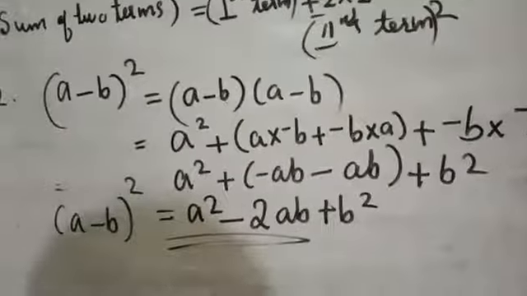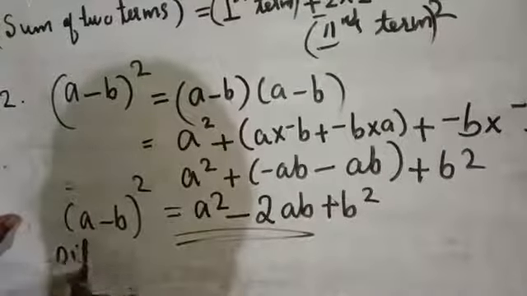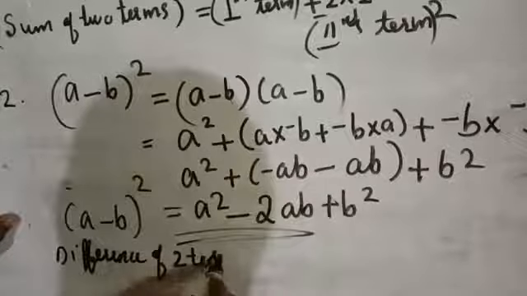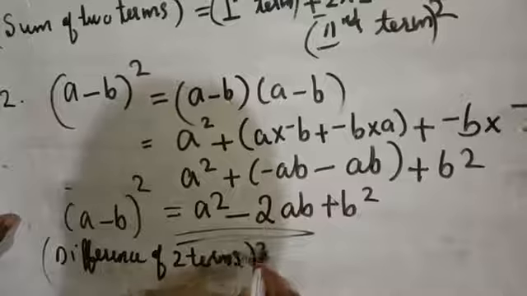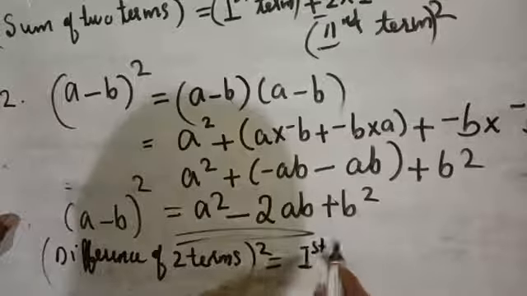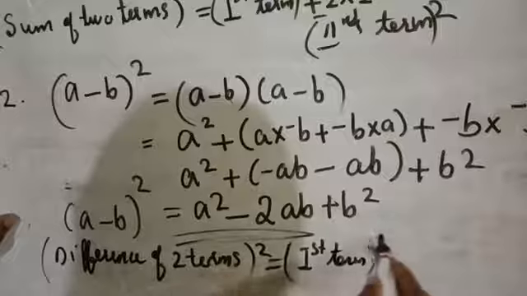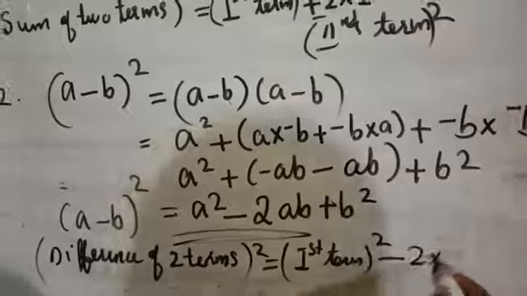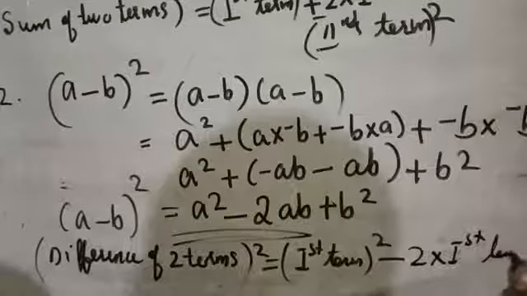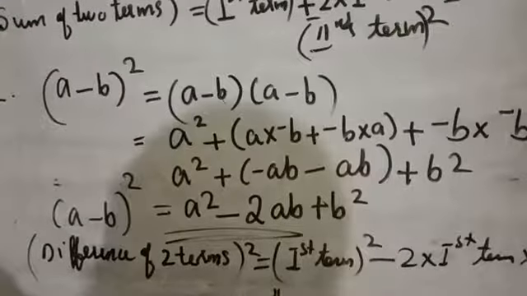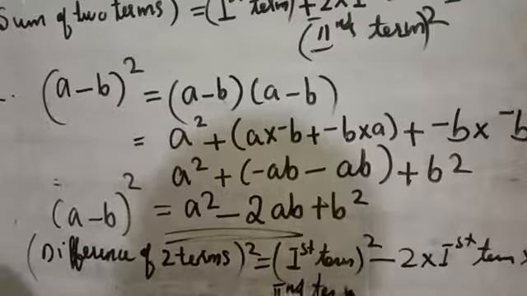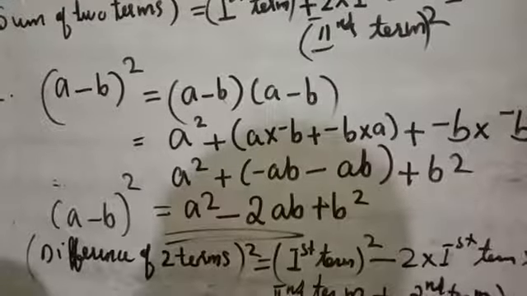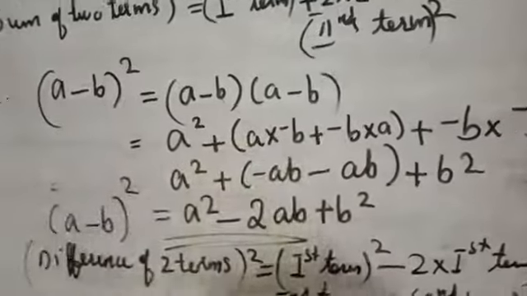So we can write, difference of two terms the whole square is equal to first term square minus 2 into first term into second term plus second term square.